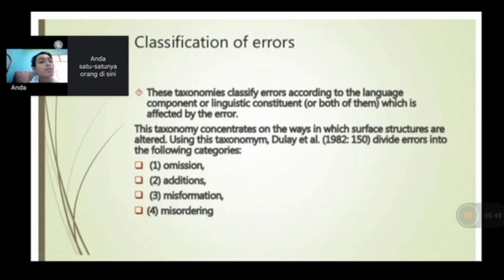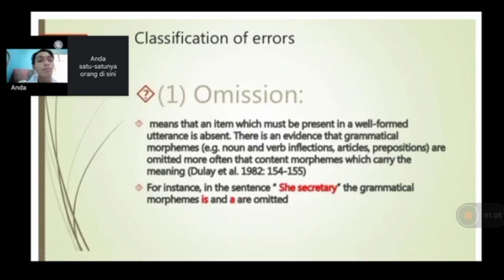So, Dulay et al. in 1982 divide errors into the following categories. The first one is omission, additions, misformation, and misordering. So, what is it? Omission means that an item which must be present in a well-formed utterance is absent.